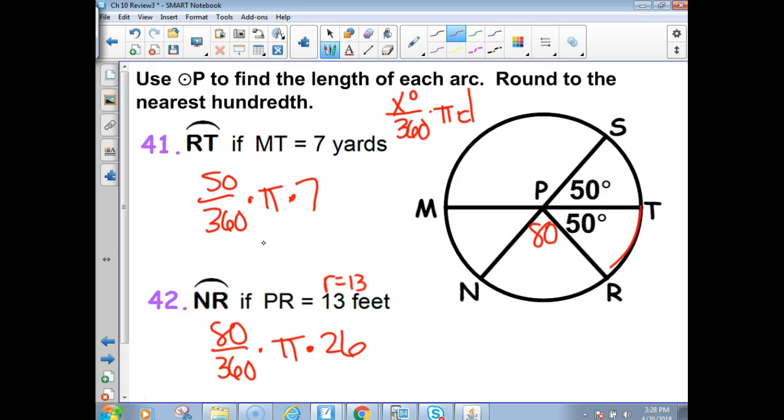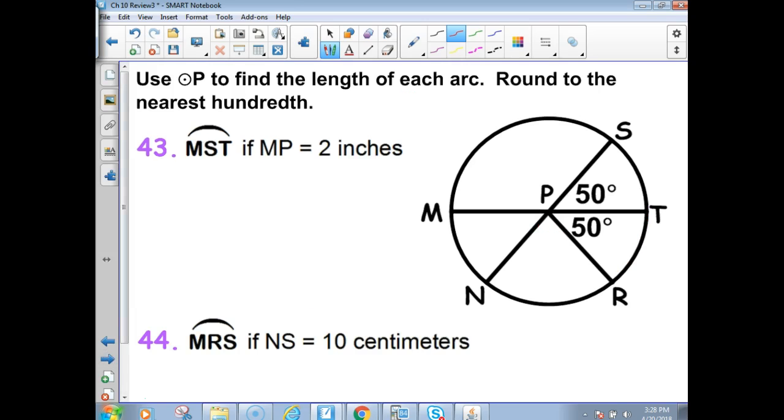Okay. And let me show you the last two setups. And I know you guys know how to type this on the calculator. So 43, you got the same picture. This was 80. This would be 50. Okay, this would be 130. And it's saying MST. Oh, that's half a circle. 180 out of 360 times pi.